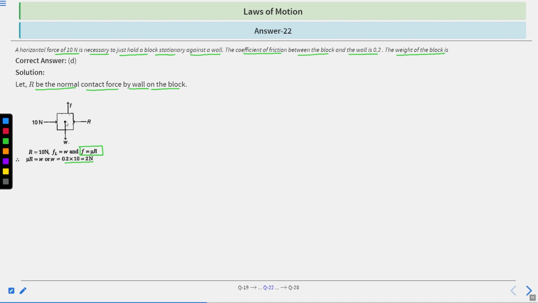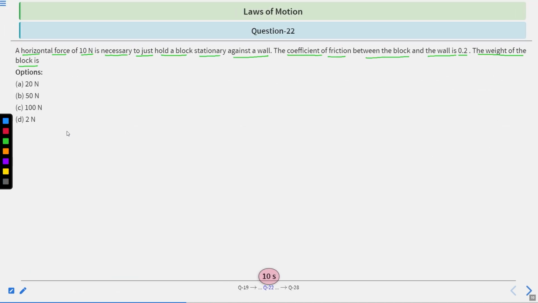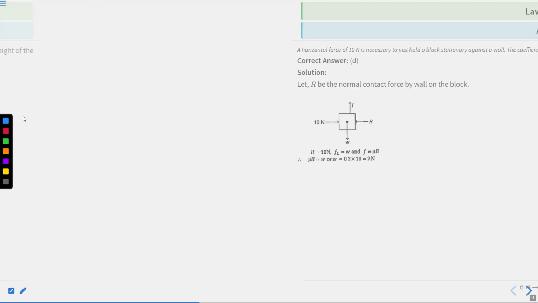Weight acts vertically downward. So the correct answer is 2 Newton, which means option D is correct.